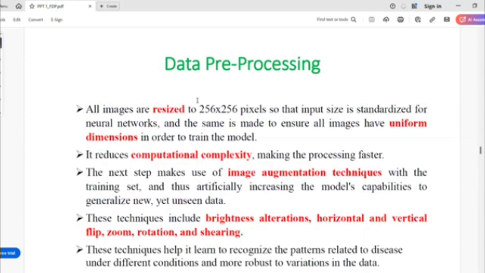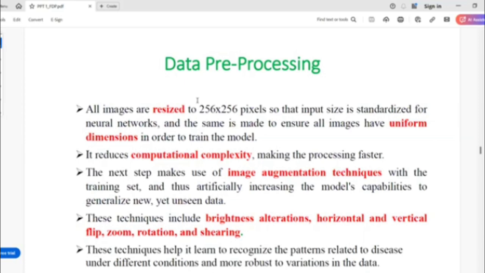When you go for augmentation techniques, you can reduce the risk of overfitting the model, which is very important. Sometimes the training set accuracy will be 100% and the testing set accuracy will be less than 50%, which is nothing but an overfitting scenario. So to reduce the risk of overfitting, it is always suggested in medical images to apply augmentation techniques.